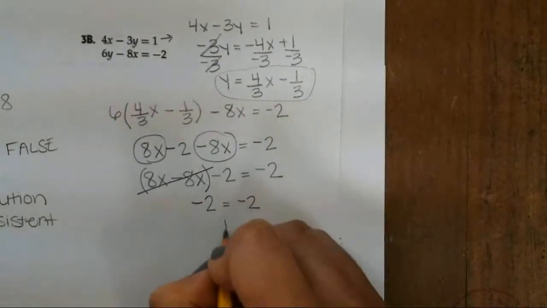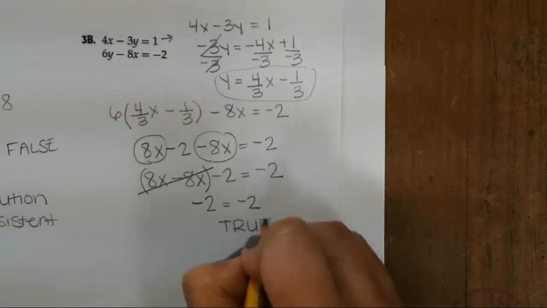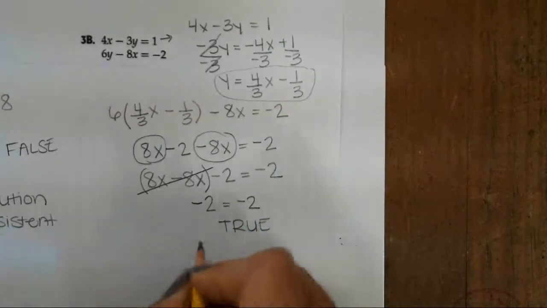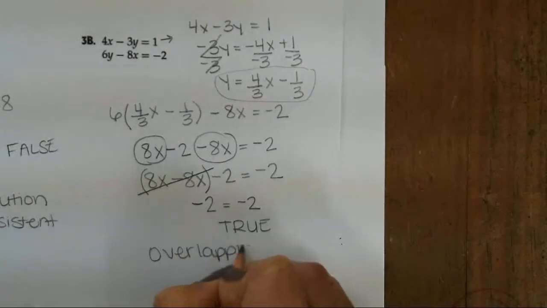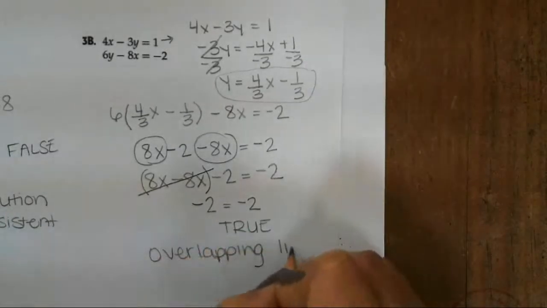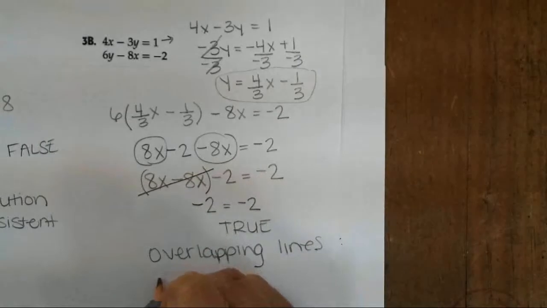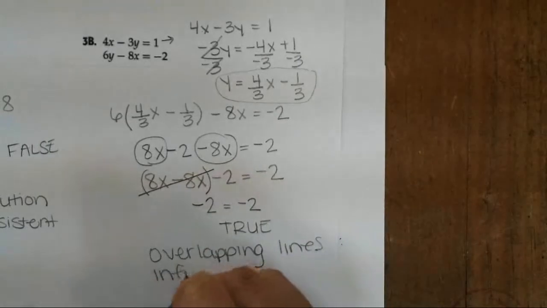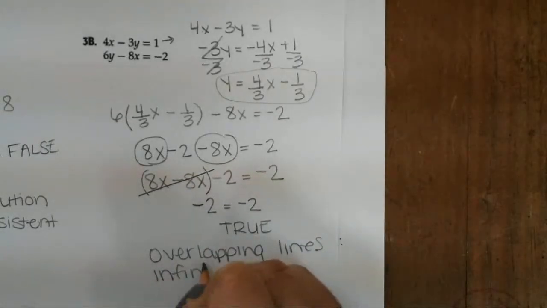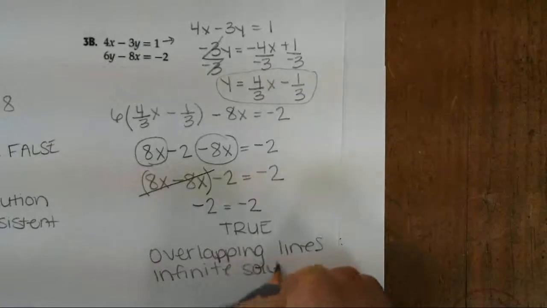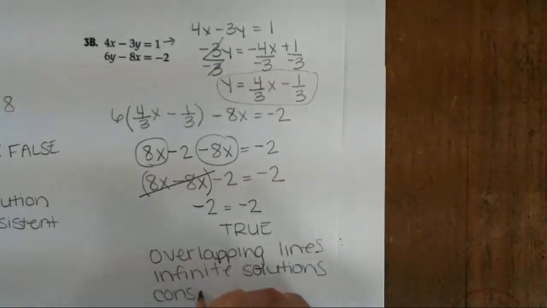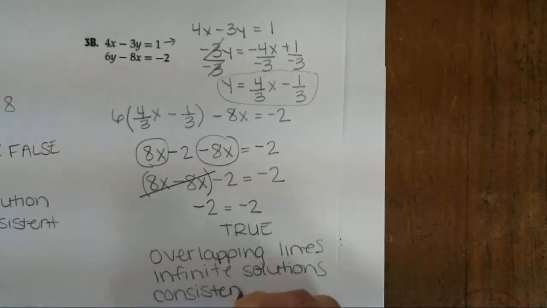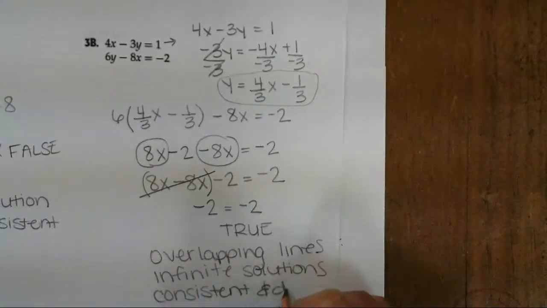Again, this is a true statement. So I have overlapping lines, which means I have infinitely many solutions, so infinite solutions. And these are consistent and dependent.